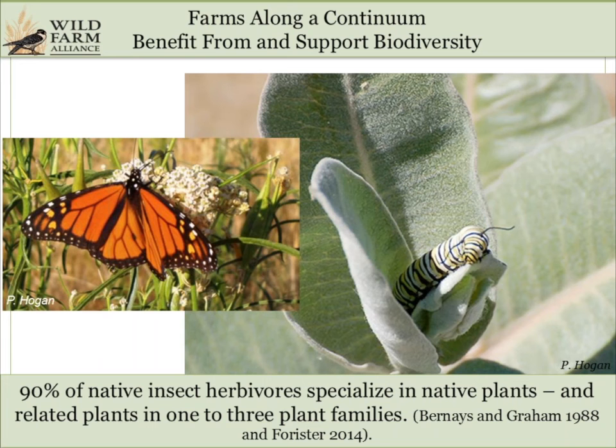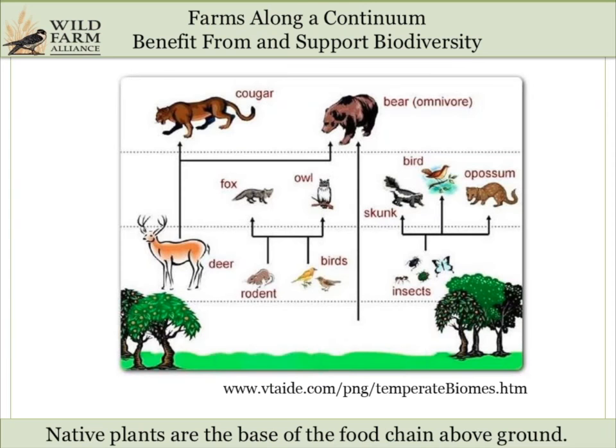And because 90% of the insect herbivores specialize, that's a lot of the food on the planet. They are one of the bases of the food chain. They're so important to keep everything functioning, that they are eaten by rodents and birds, and then those organisms are eaten by others and so forth.